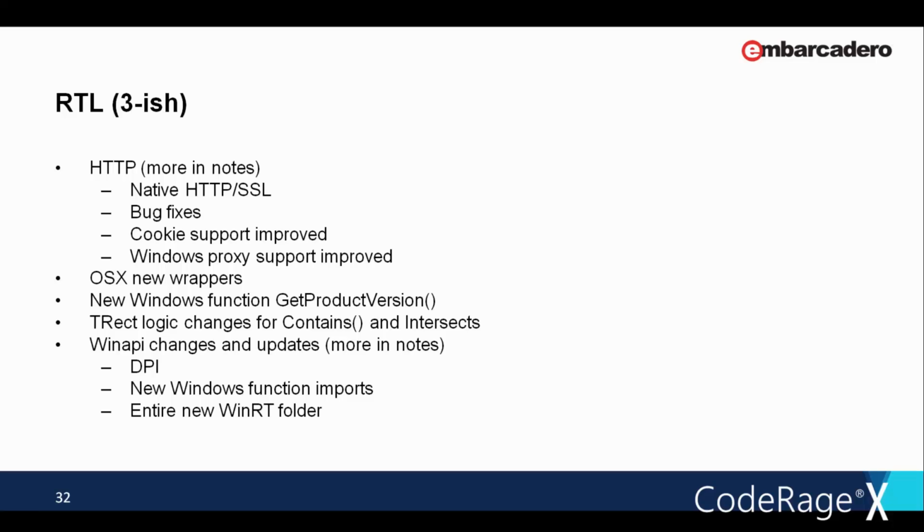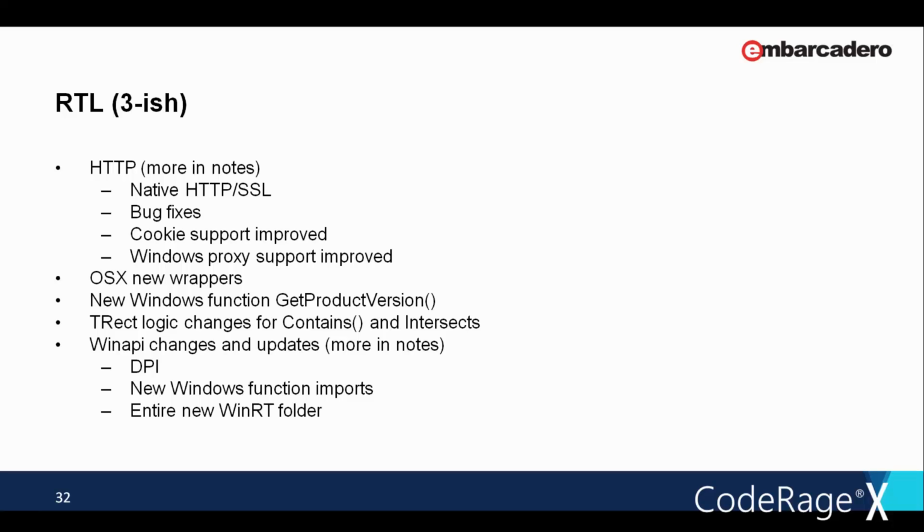On OS X, there are new wrappers for various API level things for library support. There's a new Windows function called GetProductVersion that you might be interested in. TRect structure or class has some logic changes for its Contains and Intersects functions. If you do graphic type stuff or have your own drawing system, you might want to look at that to see what has happened there.